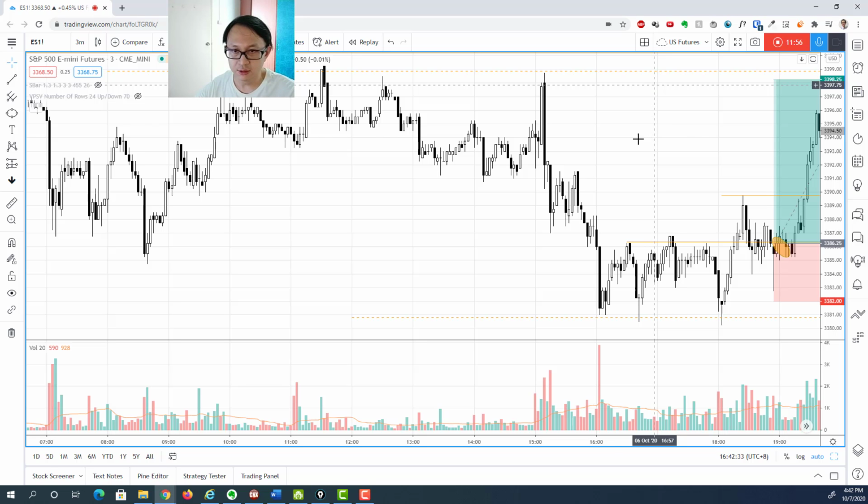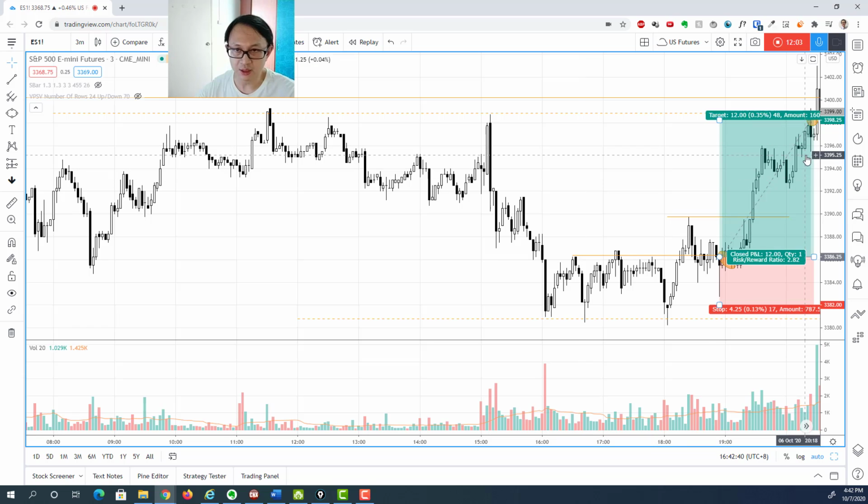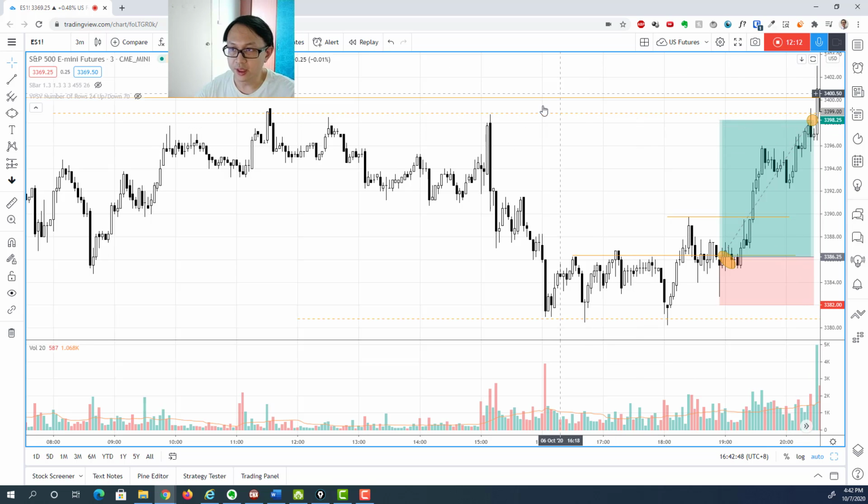So I just put the limit order there, and you can see that I exited somewhere around this candle when it touched the high here. That's my limit order.